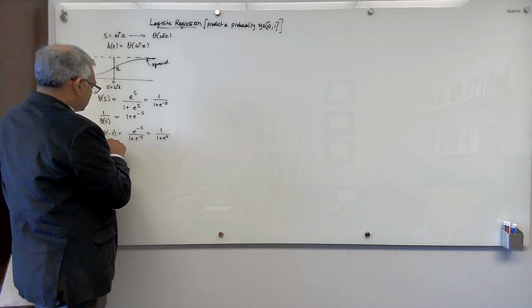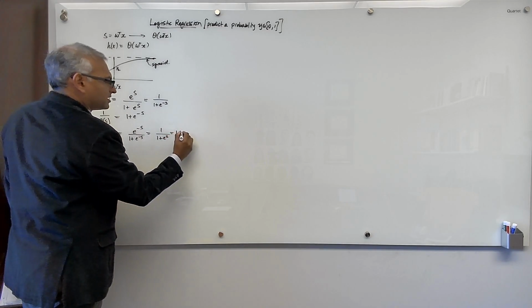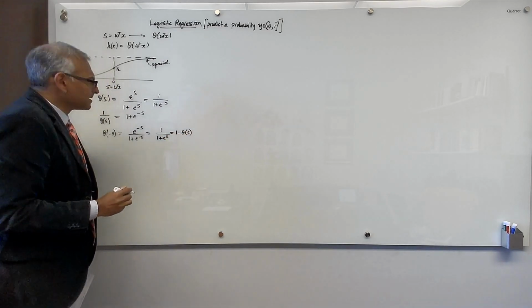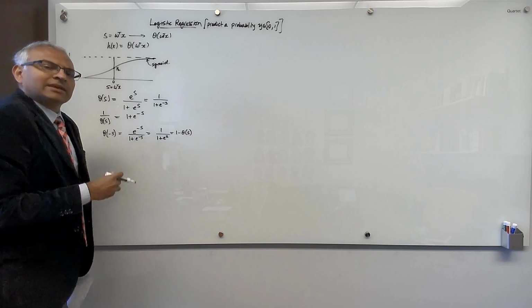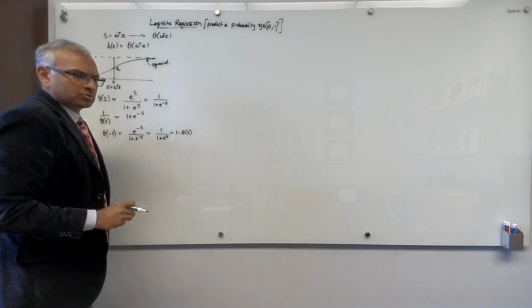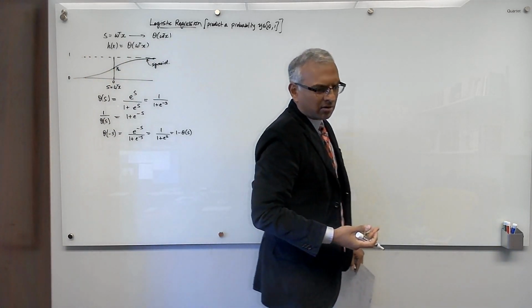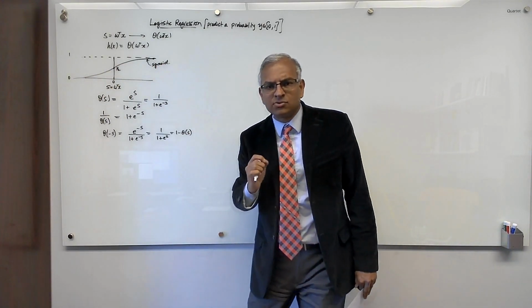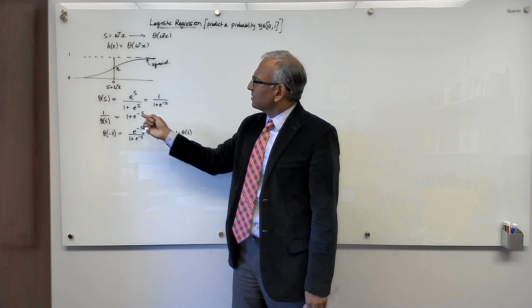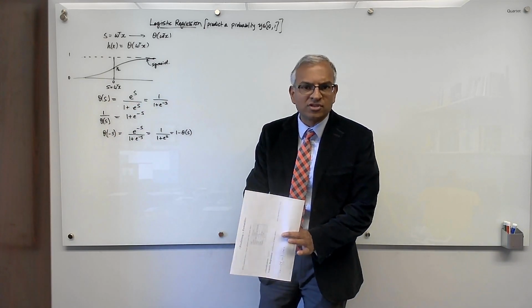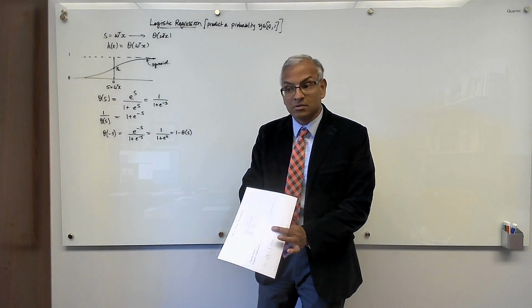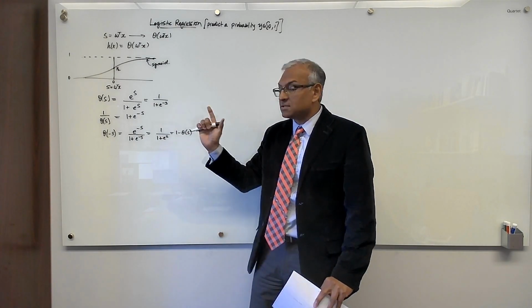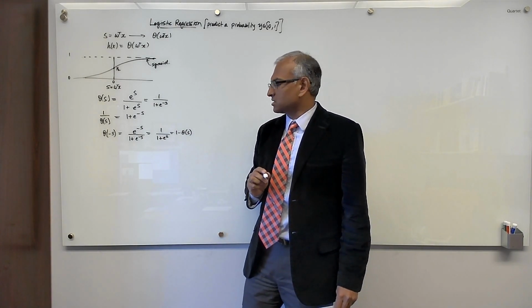So this means that theta of minus s is exactly 1 minus theta of s. We get to choose the sigmoid to use because we're building our hypothesis set, and all we really need is a reasonable sigmoid, so we might as well choose a convenient one. We'll see why as we continue our analysis.